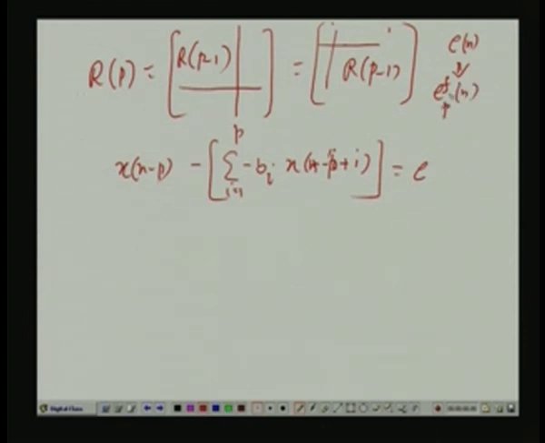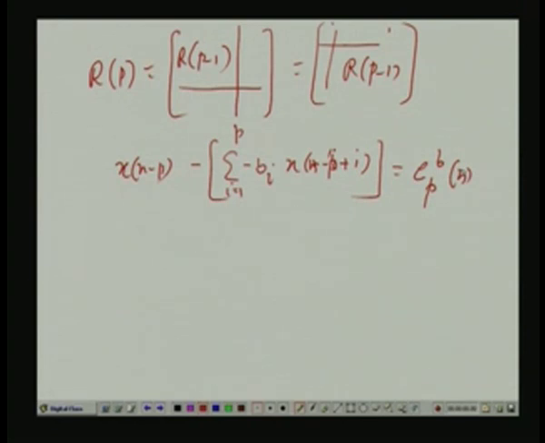Wherever you had E n earlier, you replace that E n by this E p f n, the p-th order forward prediction error. Using that terminology, analogously, this will be the p-th order backward prediction error, E p b n.